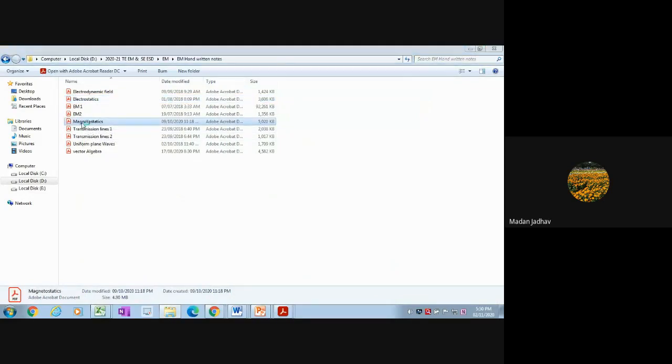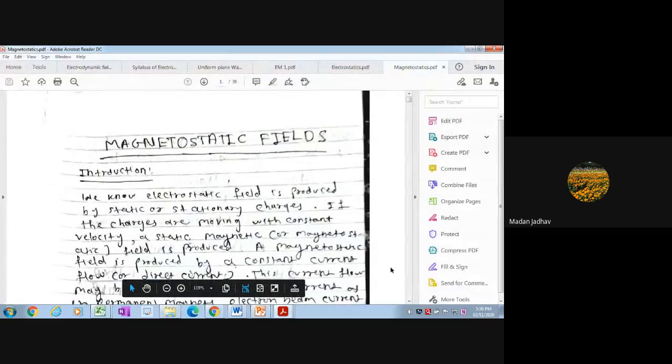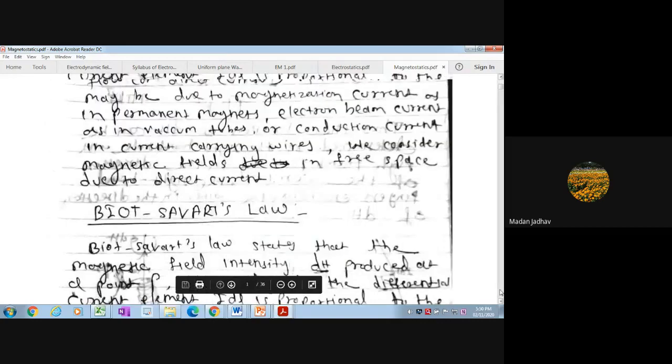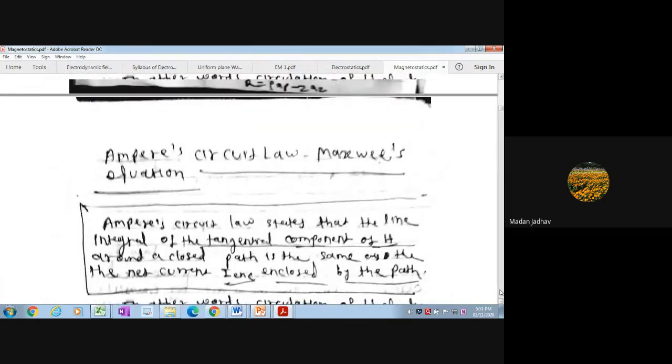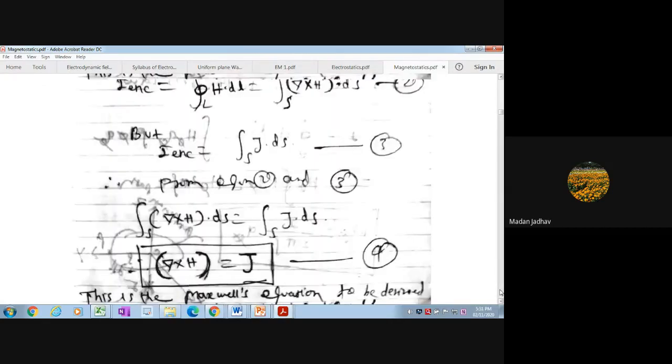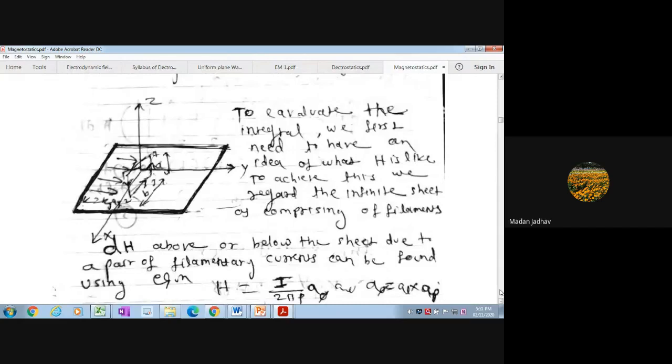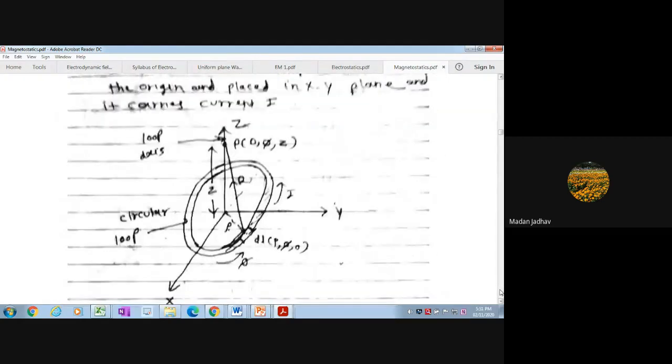We will see the magnetic boundary conditions. Now we will see the equations, because there are objective type questions, and there is no derivation, so we should know only the equations of these boundary conditions.